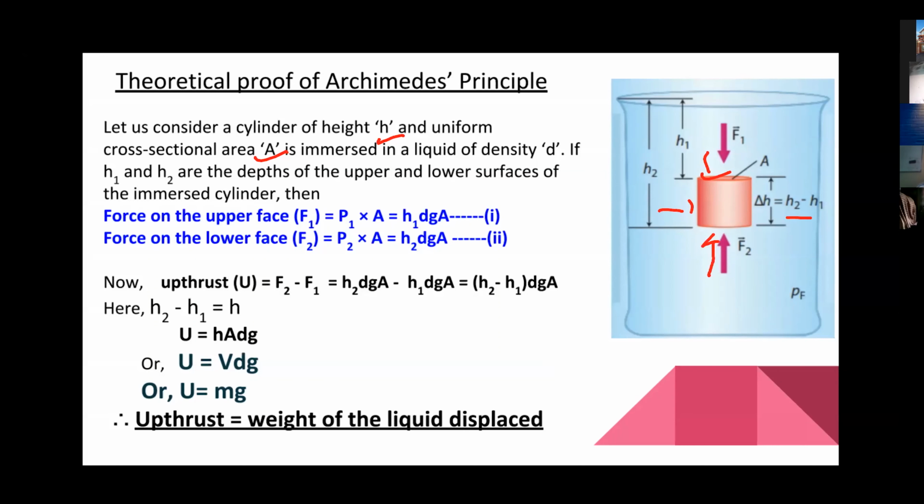For this, it is considered as immersed completely inside the liquid. So up to here, the density of liquid is D, the area of the body is capital A, and the height of the body is small h.